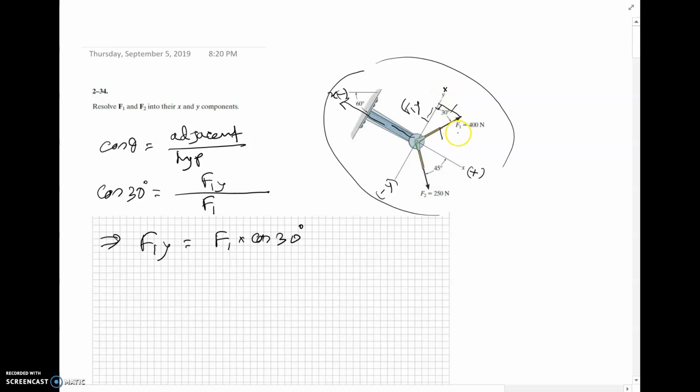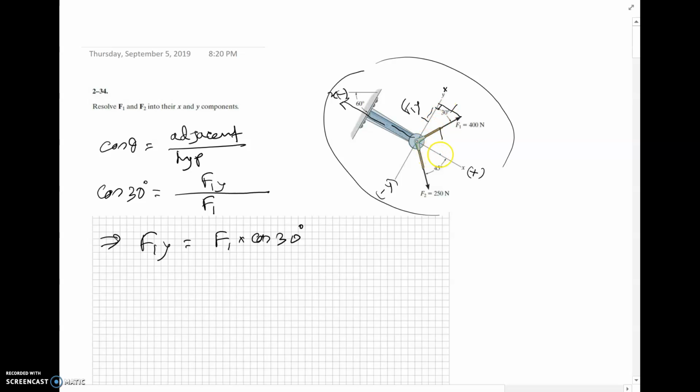If we need to take a component of F1 on the adjacent side, then that component will be the vector multiplied by cos theta.